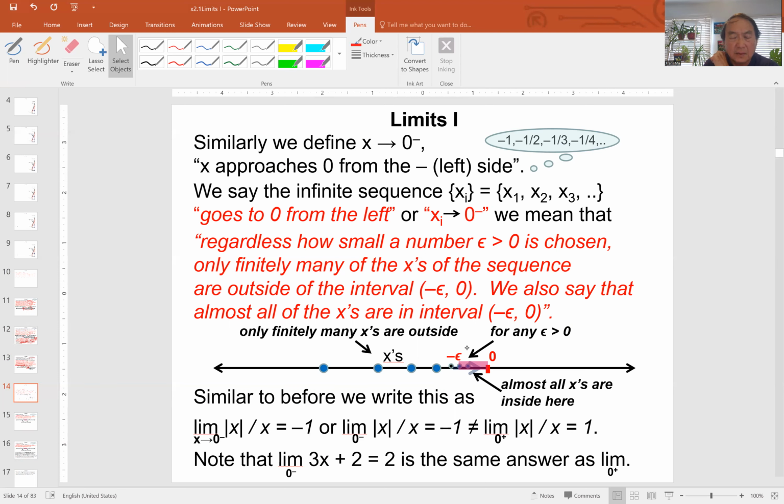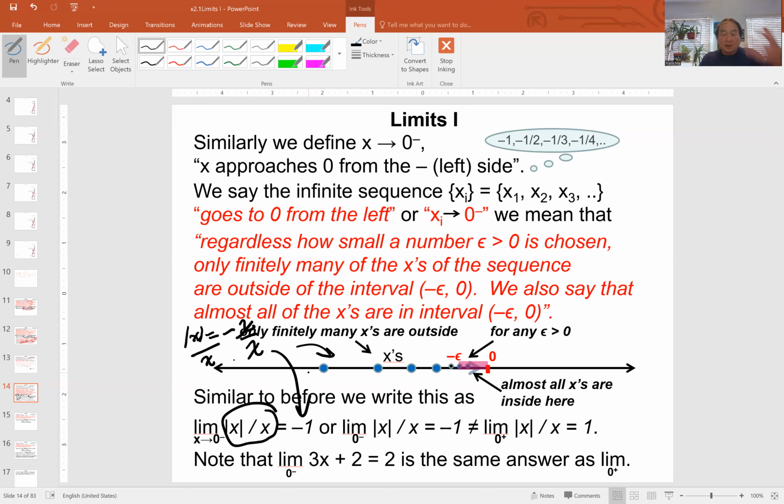Infinity has a lot of room, but notice in this case, if I look at the formula square root of absolute value x divided by x, now I get the answer -1. Why? Because on the left hand side, x is negative, so the absolute value of x is -x. If I divide by x, I wind up with -1 every time.